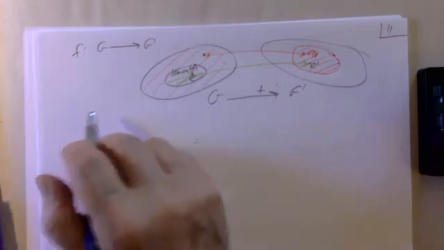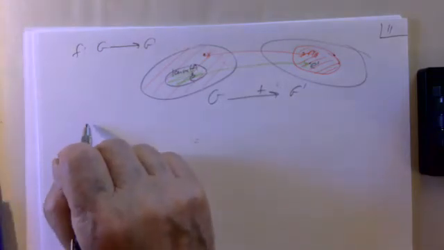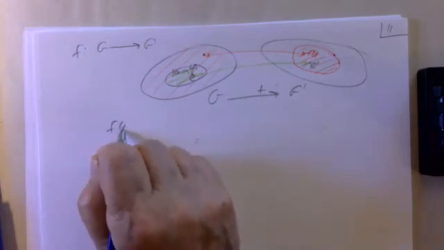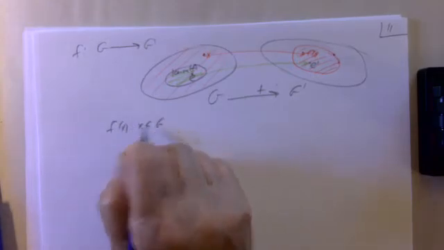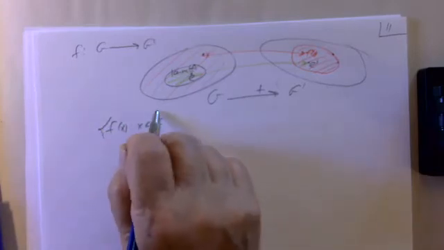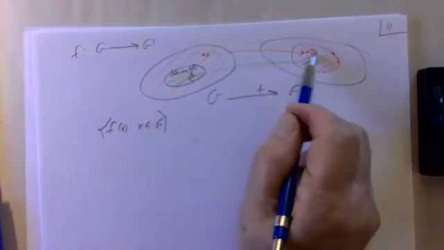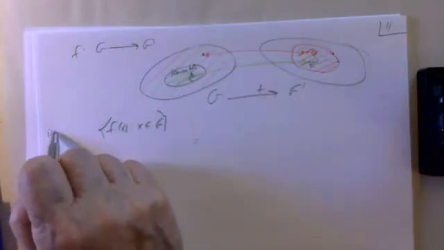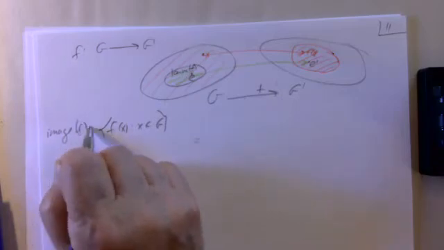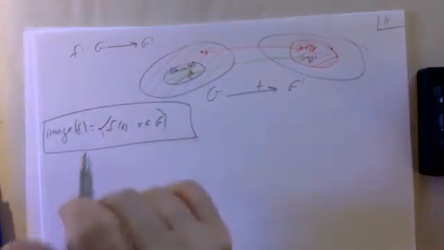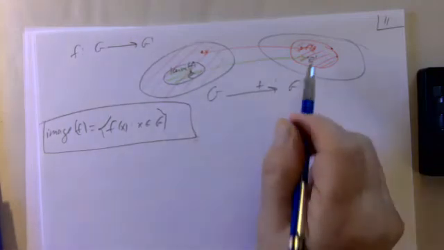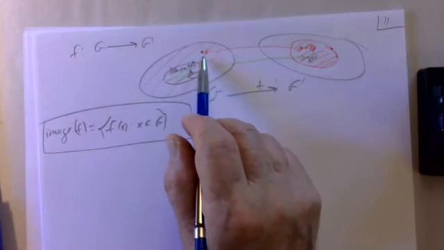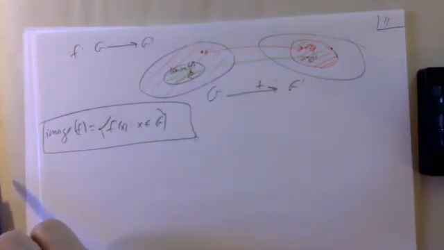So if we look at the element f of x, where x is an element of G, and we look at the set of all these things, all these red points over in G prime, that is called the image of f. The image of f is everything over here that in some sense comes from something back in G.